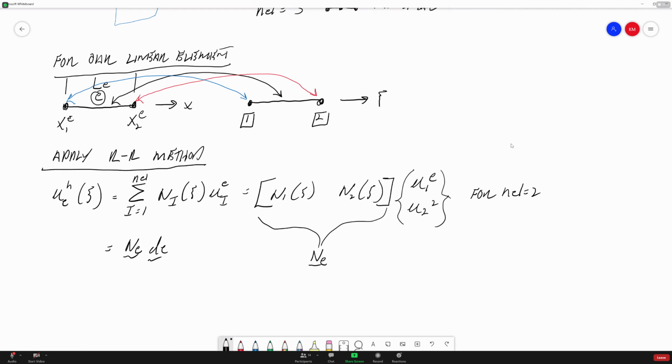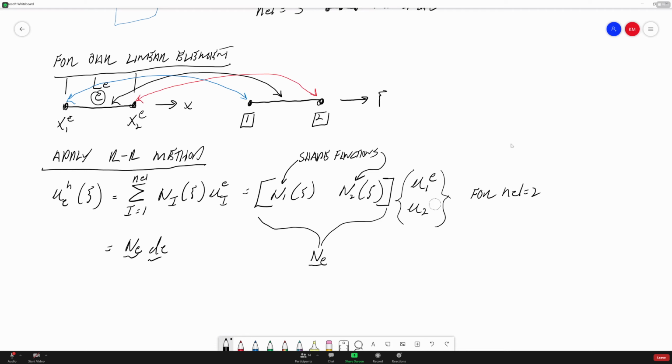Remember, these are Lagrangian shape functions, that guy and that guy. Our displacement fields at node 1 and node 2.